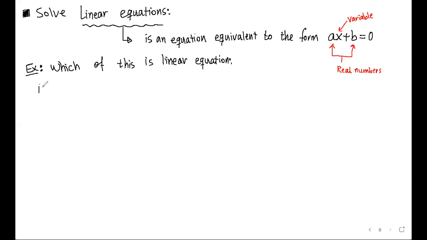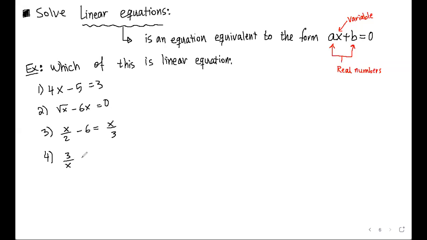The first one is 4x minus 5 equals 3. The second one is square root of x minus 6x equals 0. The third one is x over 2 minus 6 equals x over 3. And number 4, 3 over x plus 5x equals 1.